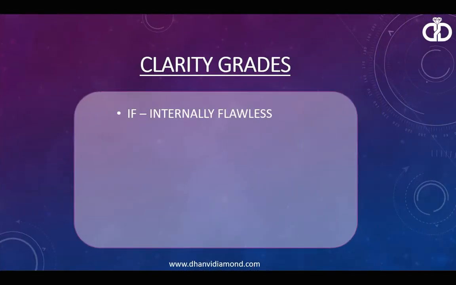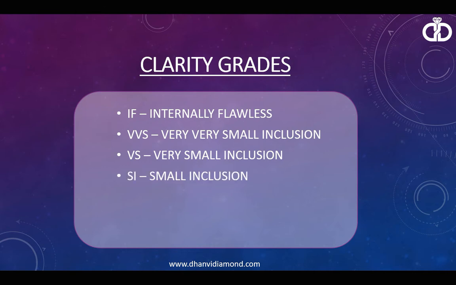Different clarity grades given by the world's laboratories are here. IF, internally flawless, is the highest, then comes VVS, VS, SI, then I, and the last is PK. PK is basically opaque diamond and is not usually used in jewelry, but down to I, diamonds are used in jewelry.